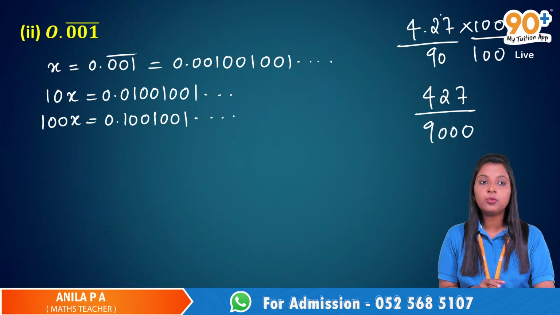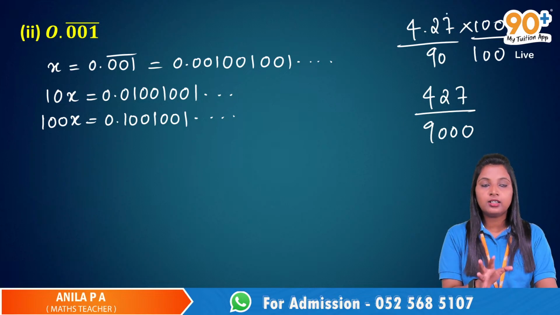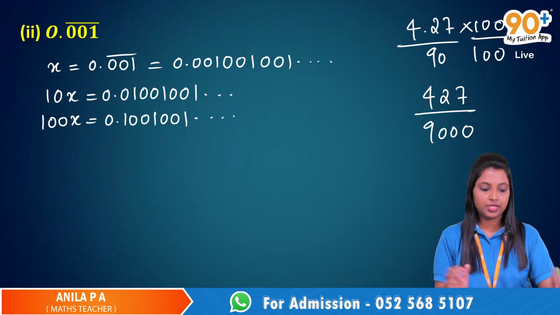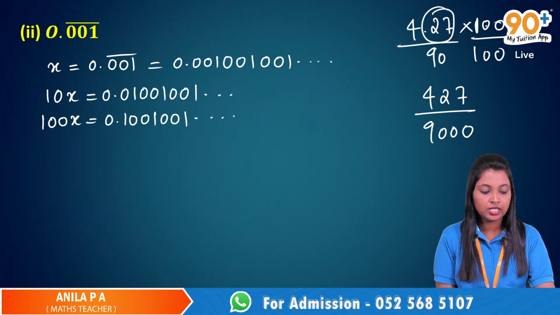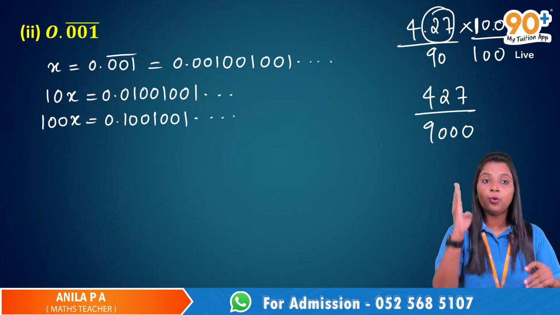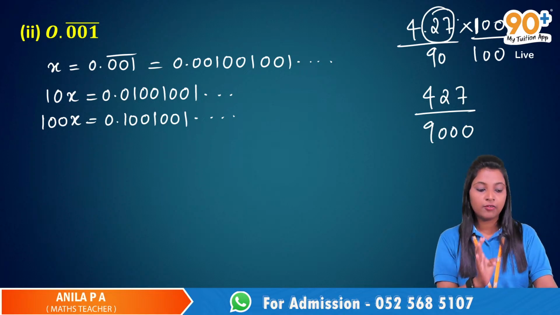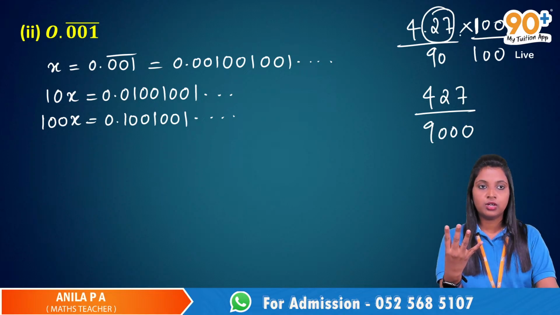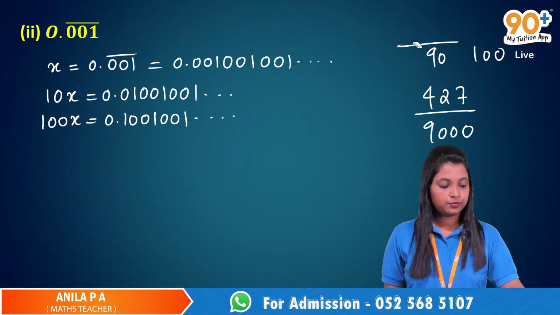If two decimal places are there, multiply it with 1 and 2 zeros, that is 100. If 4 numbers are there after the decimal point, multiply it with 1 and 4 zeros. Yes, that is how it works. Ayman, just continue.